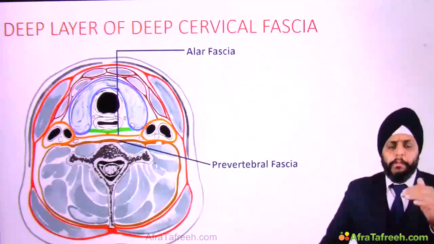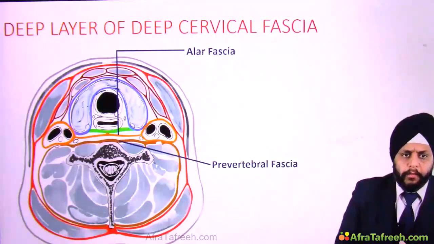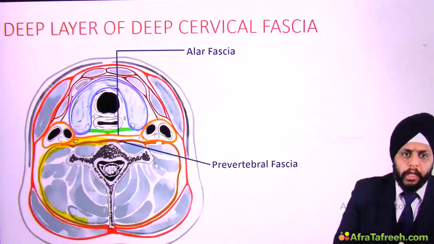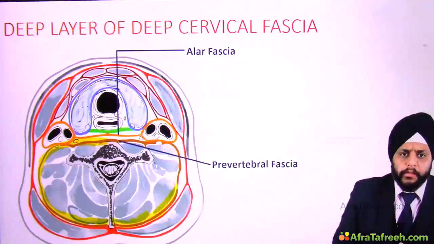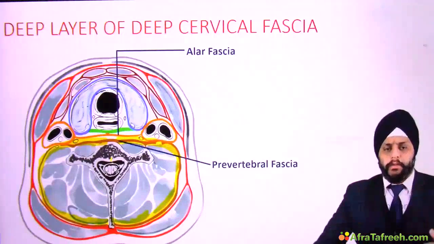Now this fascia is important. The prevertebral fascia encloses the vertebra. It goes all around, enclosing the vertebra as well as the paravertebral muscles, the scalene muscles. So that is your prevertebral fascia.